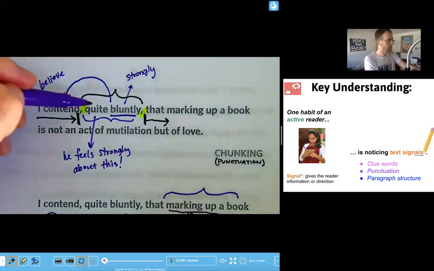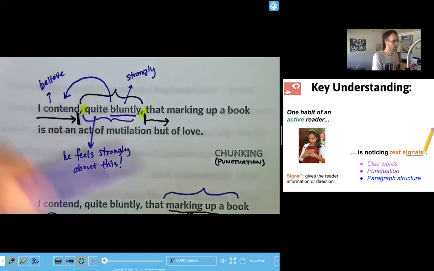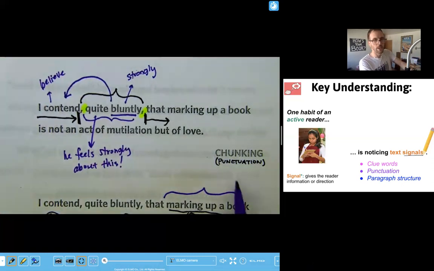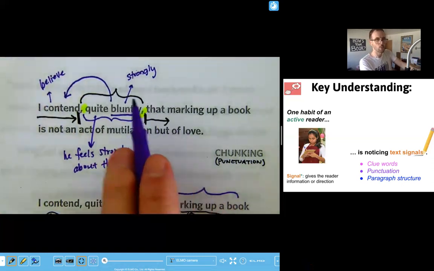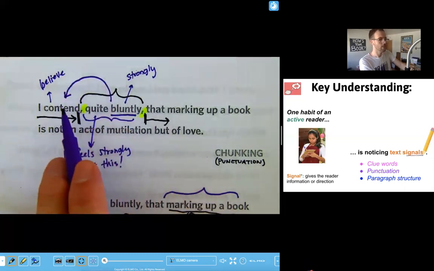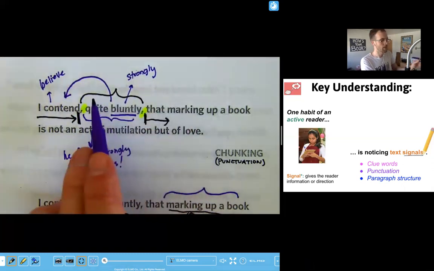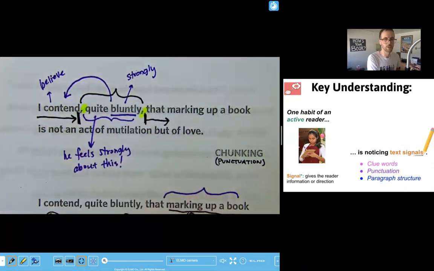Because he took time out of his day to stop his sentence in the middle to add this additional detail. In that way, you can use punctuation and chunking to see which parts of the sentence connect to parts either earlier or sometimes later from the part that is being broken off with punctuation.